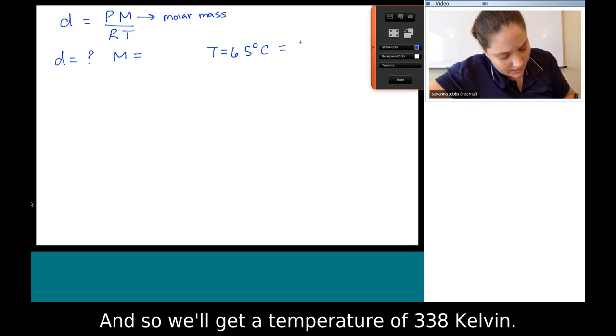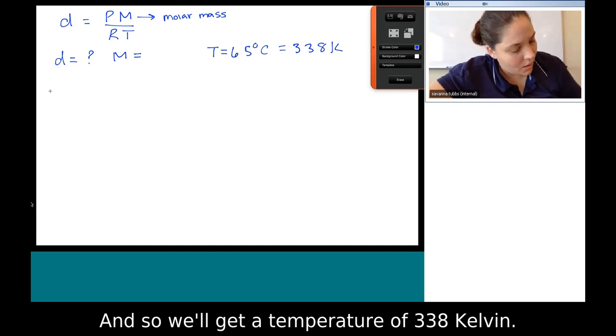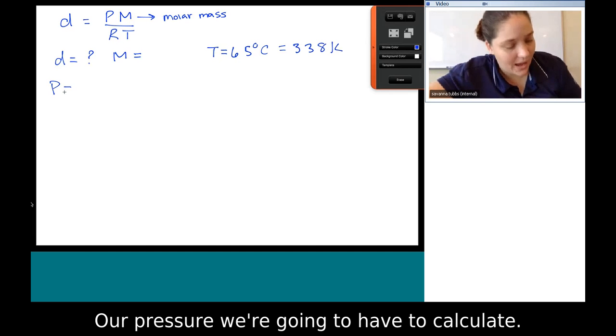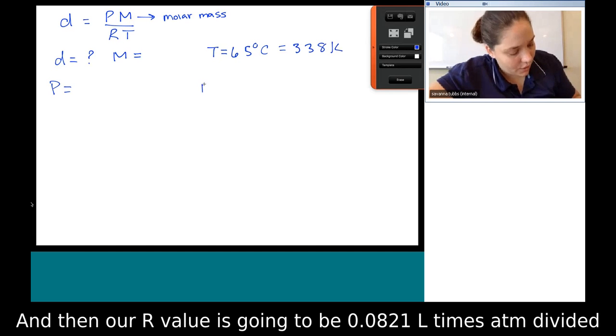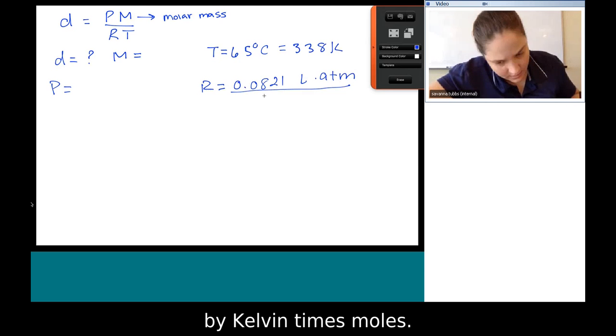And so we'll get a temperature of 338 Kelvin. Our pressure, we're going to have to calculate. And then our R value is going to be 0.0821 L times ATM divided by Kelvin times moles.